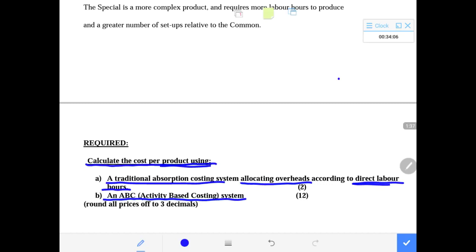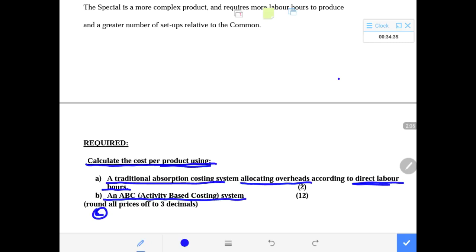And you will find sometimes in some of the questions they will give you a third question and say compare the results of the ABC with that of the traditional method, so that we can identify the significance or the necessity of adopting the system of ABC in a given company. So now, in this case, there is no comparison between the two systems.